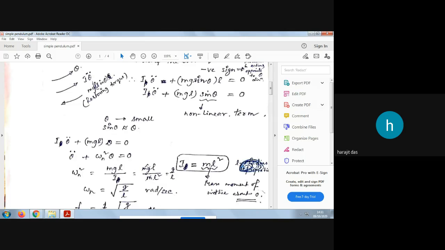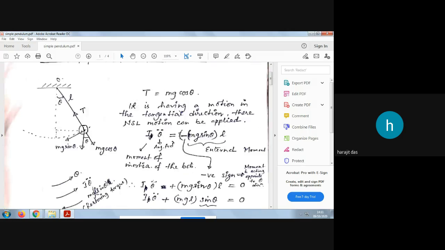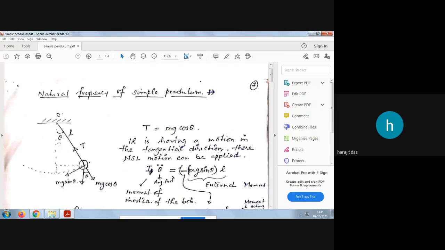To find out the natural frequency, we will be using this one, omega n equals under root g by L. Its unit is radian per second. So this is transverse vibration. Okay, so vibration is happening in this angular direction. Earlier for the spring mass system, the vibration was happening as a translational or longitudinal vibration.